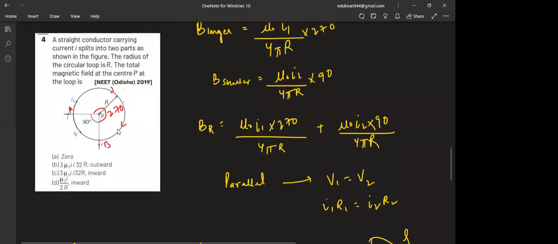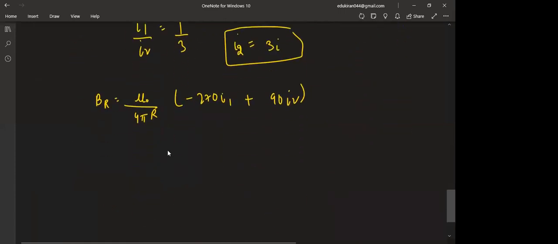This is clockwise here, right? So curling your fingers along the sense of current, this is going inwards. If you curl your fingers, this is going inwards, whereas this is anti-clockwise, this is outwards. So this is inwards, and that is outwards. That's why I have written it as minus.